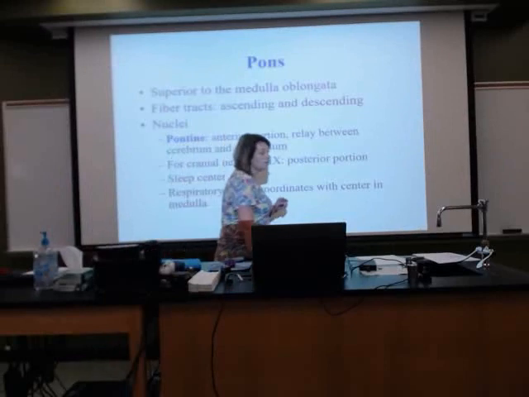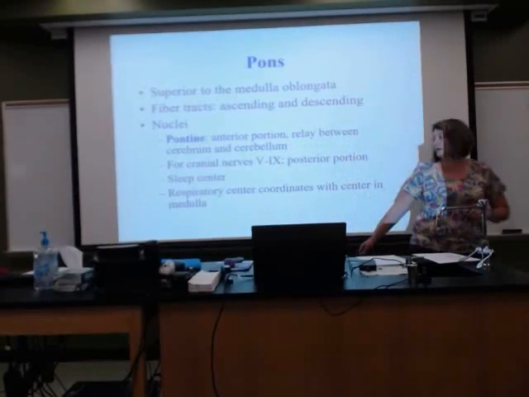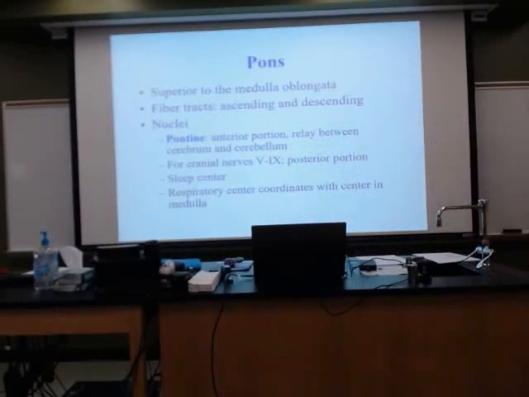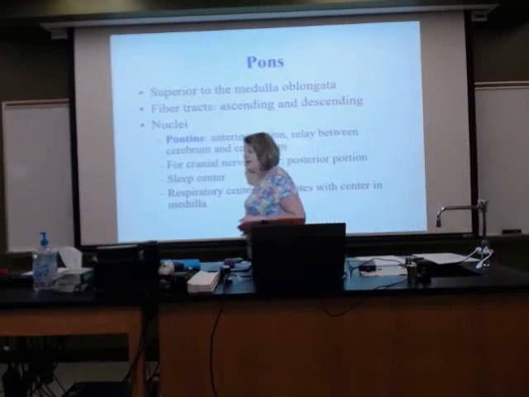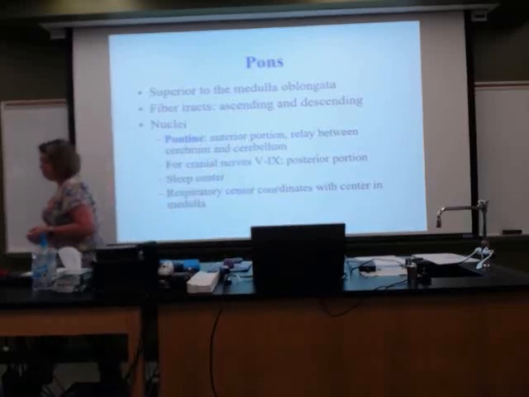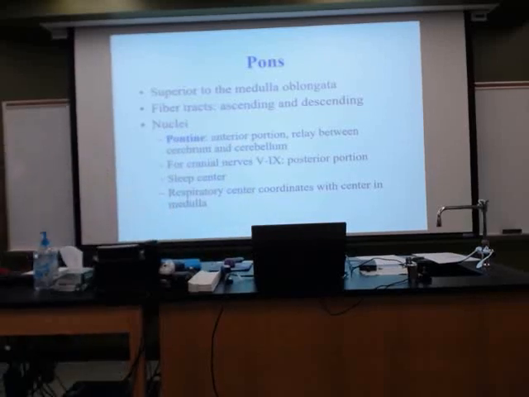On the posterior portion of the pons, we're going to get cranial nerves 5 through 9. We do find in this region of the brain a sleep center, which is going to help coordinate our circadian rhythms. Another area that we're going to find in the pons is a respiratory center.